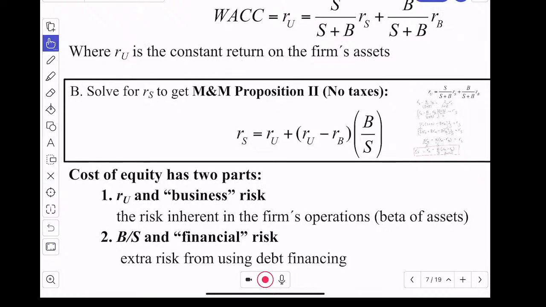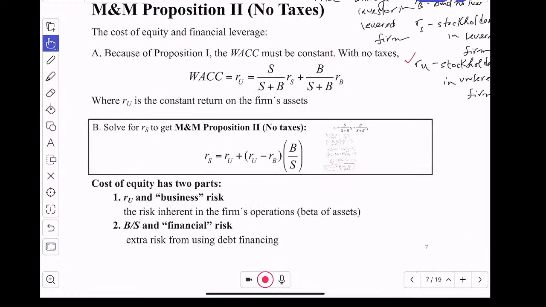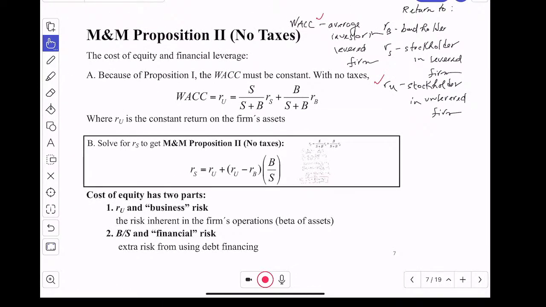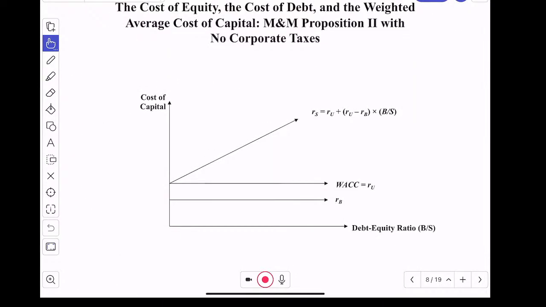And this is illustrated here. So here we have cost of capital on this axis. So the other one was with the value of the firm on the vertical. And here we have the debt to equity ratio on the horizontal. And as it increases, there is no increase because of no default risk.